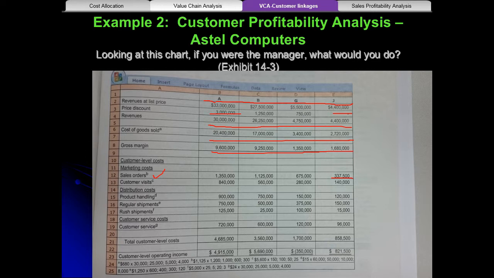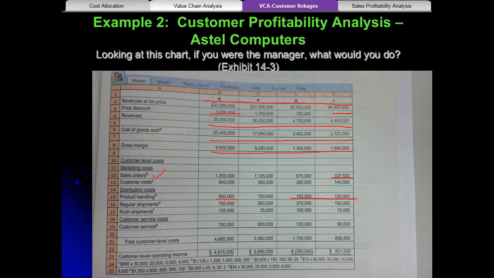What about distribution costs? We have product handling of 900,000 allocated to A, but only 150,000 or 120,000 allocated to G and customer J. What about regular shipments?